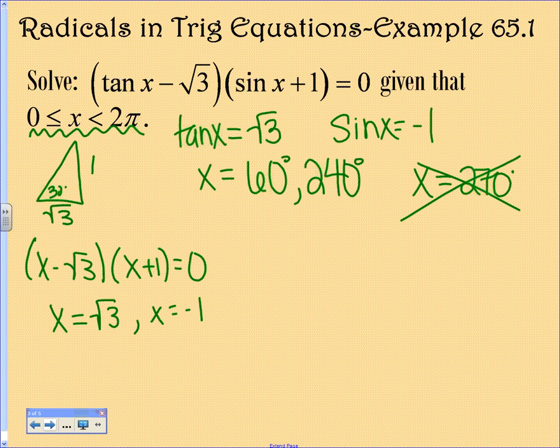Do you remember how to convert into radians? Multiply by pi over 180. So x would equal pi over 3 and 4 pi over 3.